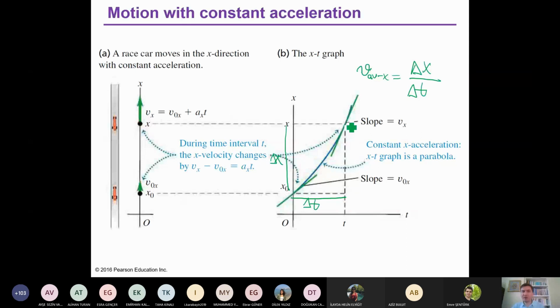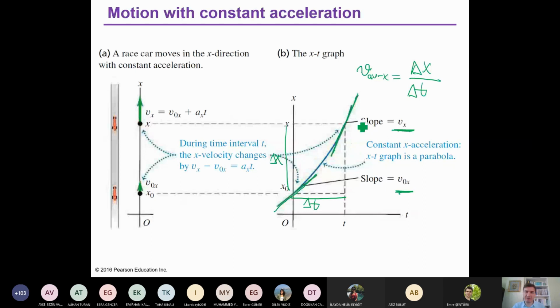Here I am looking for the instantaneous velocity. When the time is t, slope is given by vx. And here I'm looking for the instantaneous velocity. When the time is 0, the slope is v0x. Okay, so we have a parabola for the constant x acceleration. The xt graph is a parabola.